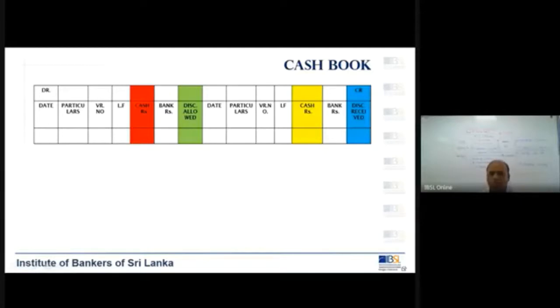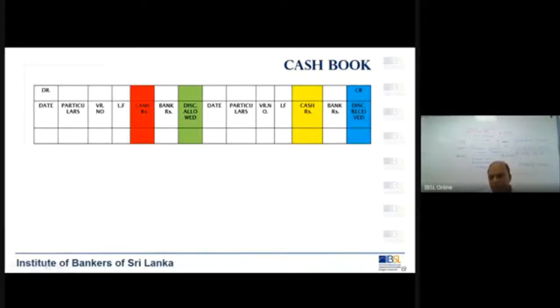Okay. So the cash book plays an important role when it comes to the cash that you actually received and the amount that you have foregone or you have benefited. Okay. So discount allowed means the amount that you have foregone, because you have forfeited that amount, assuming that you need the cash early.